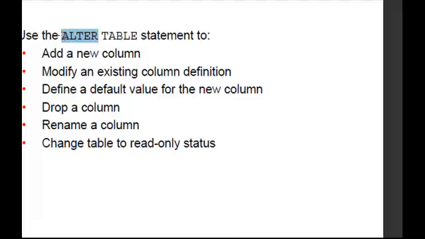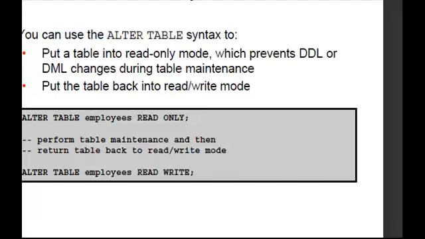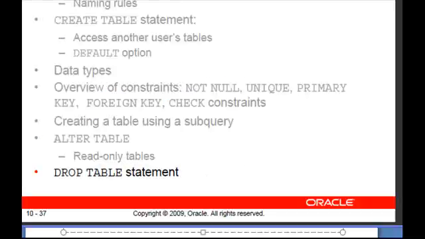As you know, alter is a DDL. Whatever we did so far in this chapter is the data definition language portion of SQL. We can alter a table and change it to read only, so you cannot provide any write to a table. Or we may say alter table employee read write. We give both options. This is another command.